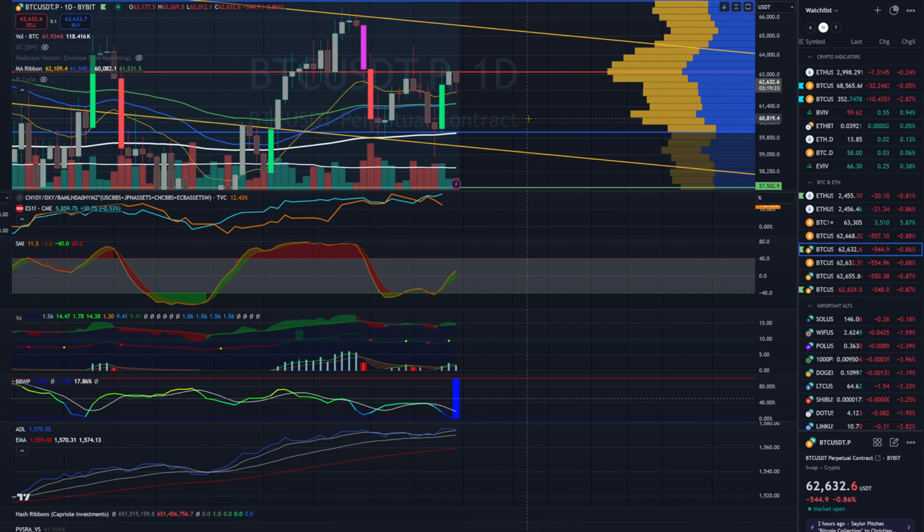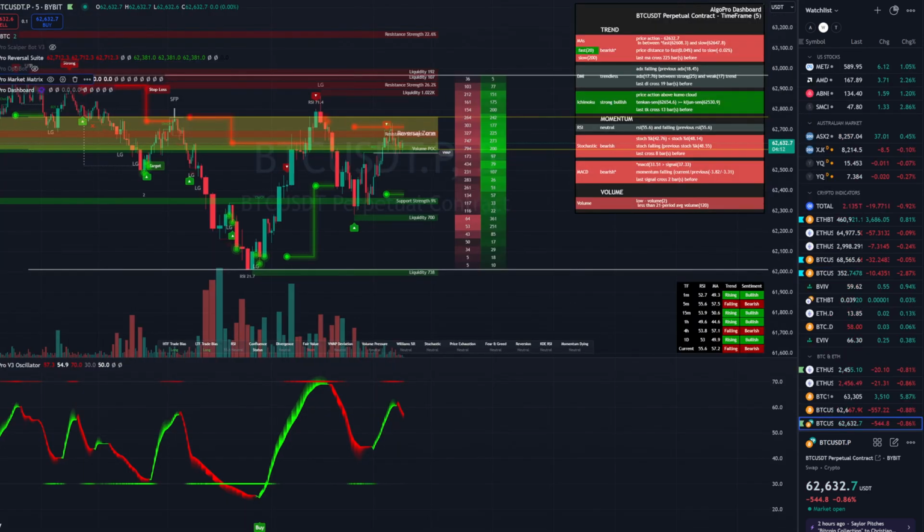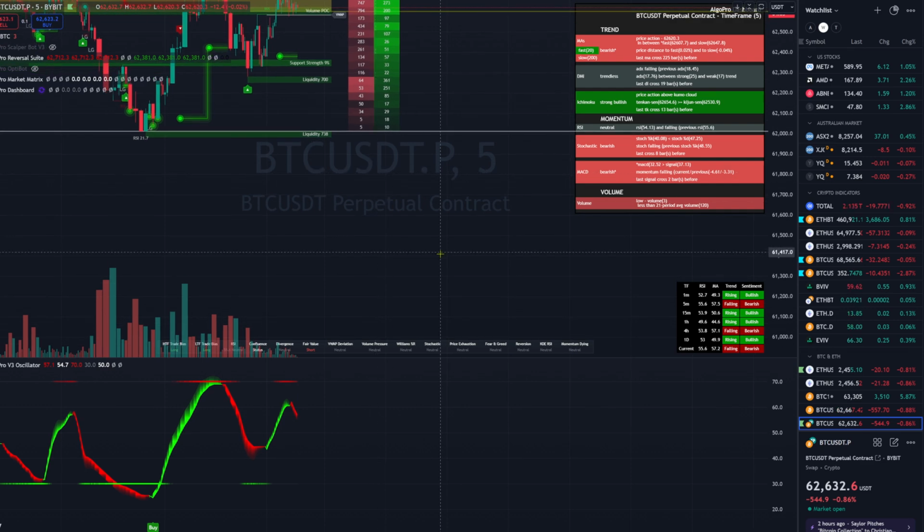That would make sense to me. Going just straight up from here doesn't make a lot of sense without taking that liquidity. So yeah, I think 61.5 is the play.